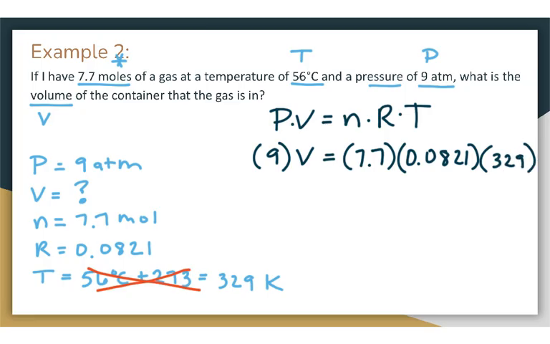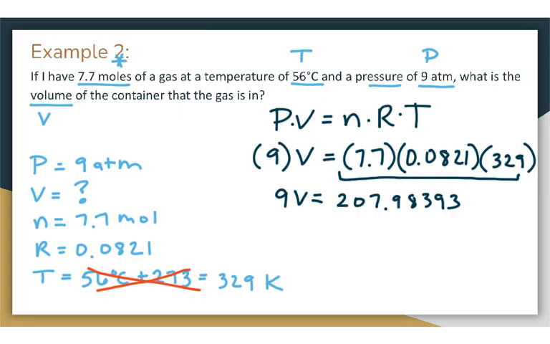And again, we're solving for V, so I'm going to multiply any of the numbers together that I have. 9V, that left side, we don't have anything to multiply, and then I can multiply these 3 numbers together. I got 207.98393, and I just kept a bunch of digits because I'll round at the end.